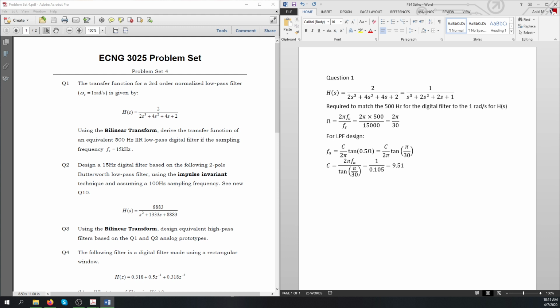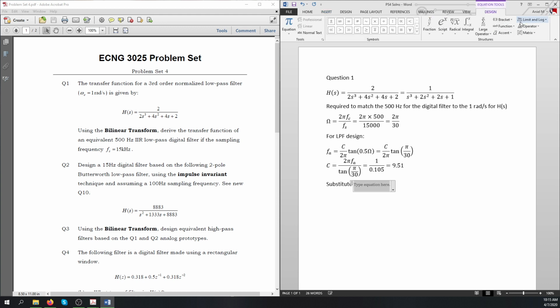So for the low-pass filter design, we also know that we'll have to use S in a particular form. S for the low-pass filter design is equal to C multiplied by z minus 1 divided by z plus 1.